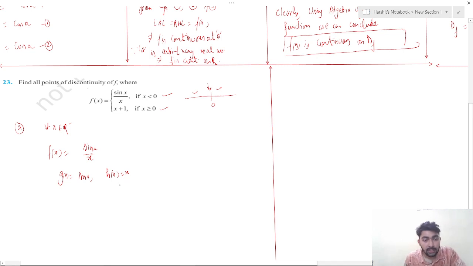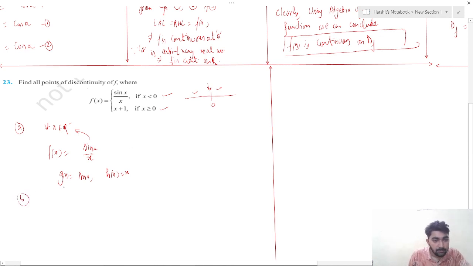Hence their algebra, that is sin x upon x, is also continuous for all x belongs to R negative, because the function is defined on R negative, so the denominator is nowhere 0. That's why this function is continuous throughout R negative. I hope you understand what I said here.